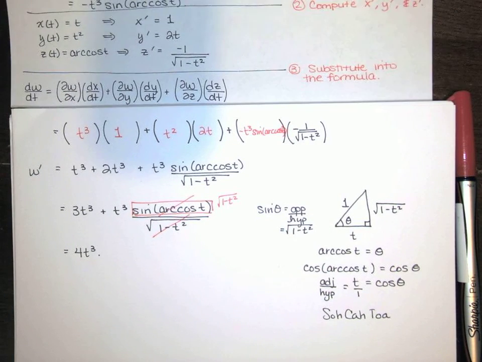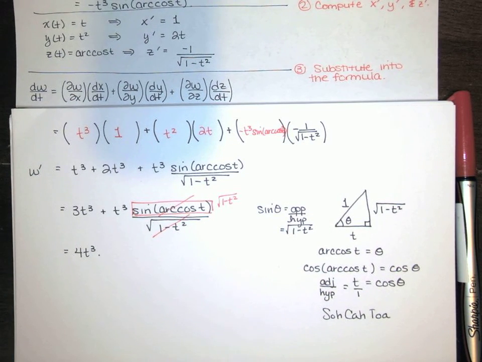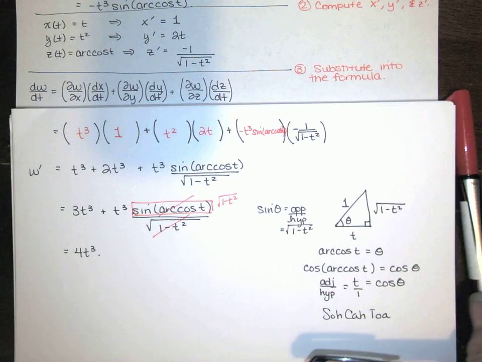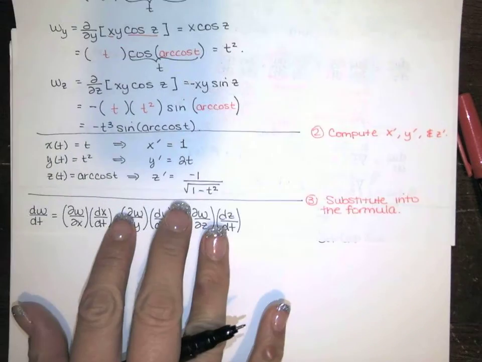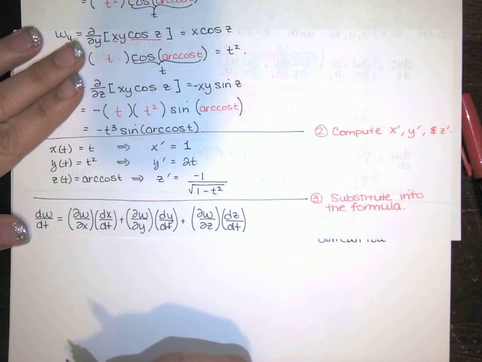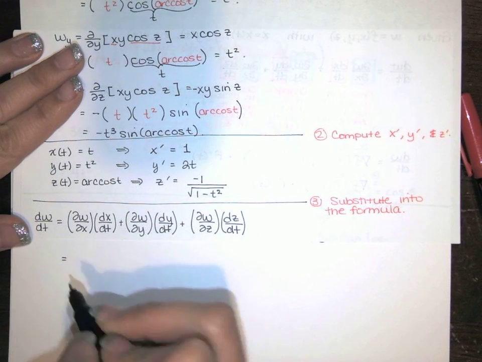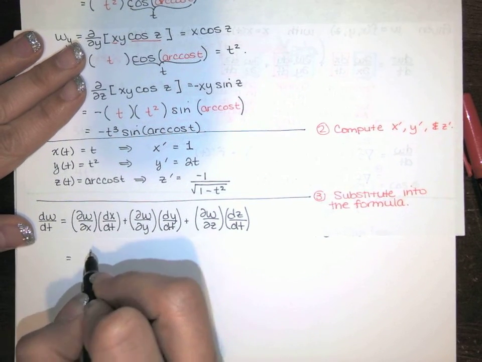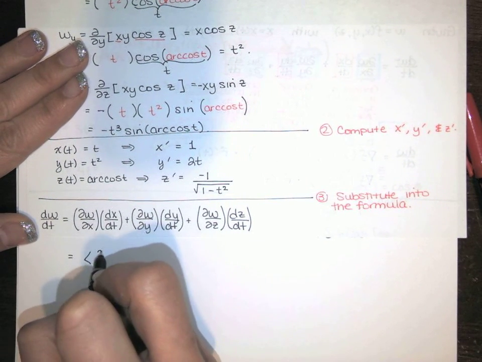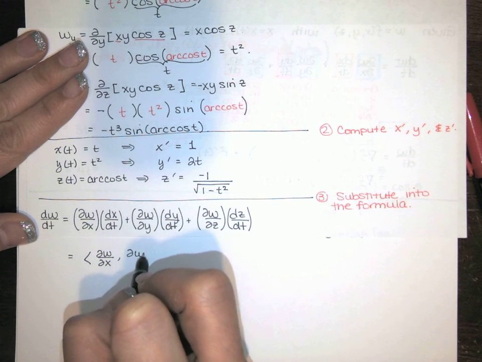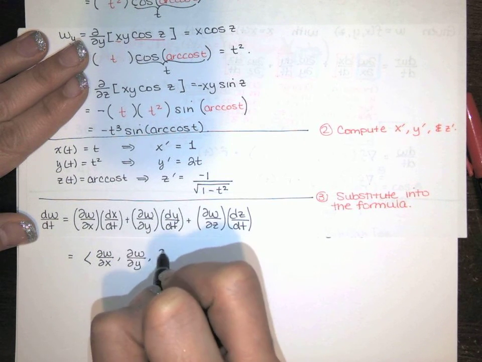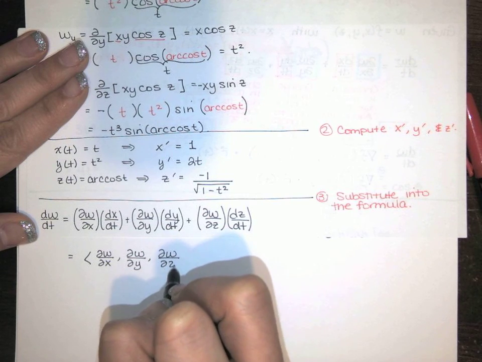Now we could also do exactly the same thing using the gradient. Now I'm not going to do it again, but I just want to show you this is the same as the partial of w with respect to x times i hat plus the partial of w with respect to y plus the partial of w with respect to z.